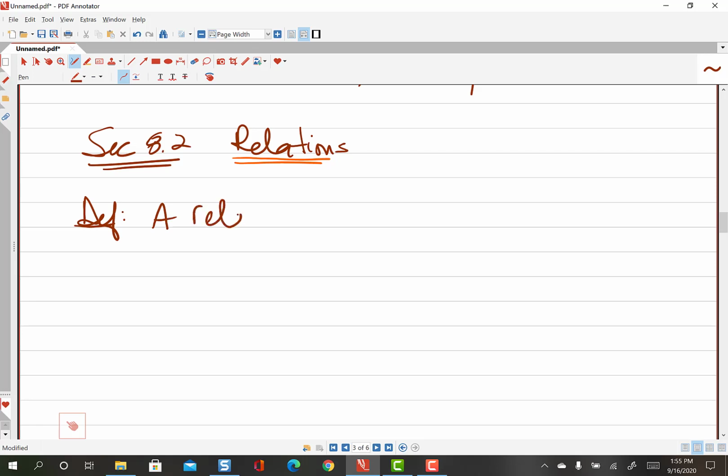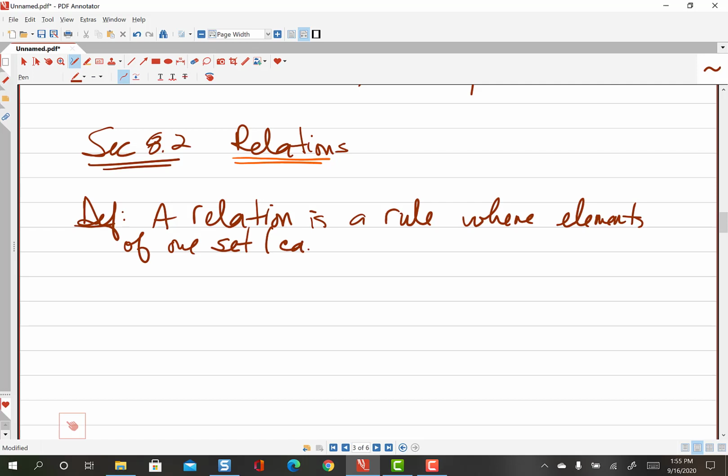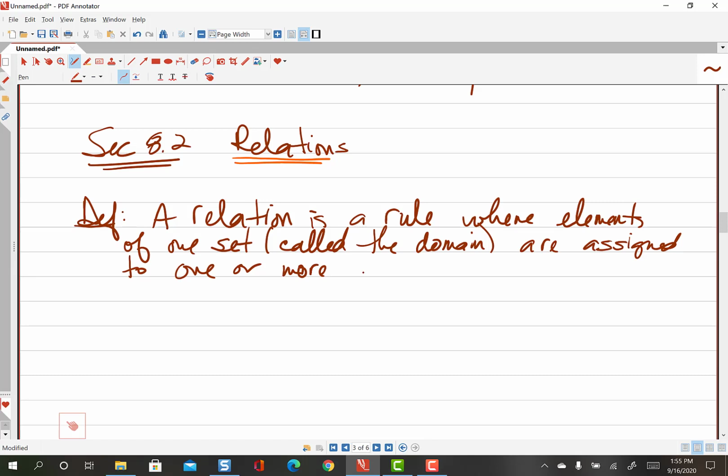We're going to say that a relation is, some books use the word correspondence or rule, I like to use the word rule, where elements of one set, this is called the domain, are assigned to one or more members of a second set, and this is called the range.